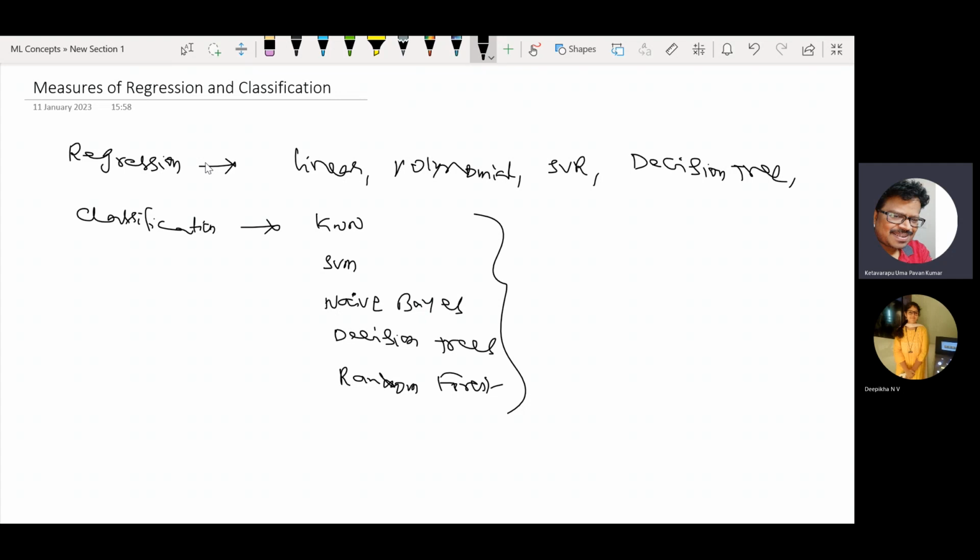Random forest can be used as a regression, and XGBoost, and naive Bayes also you can make use of as a regression, and even KNN also.